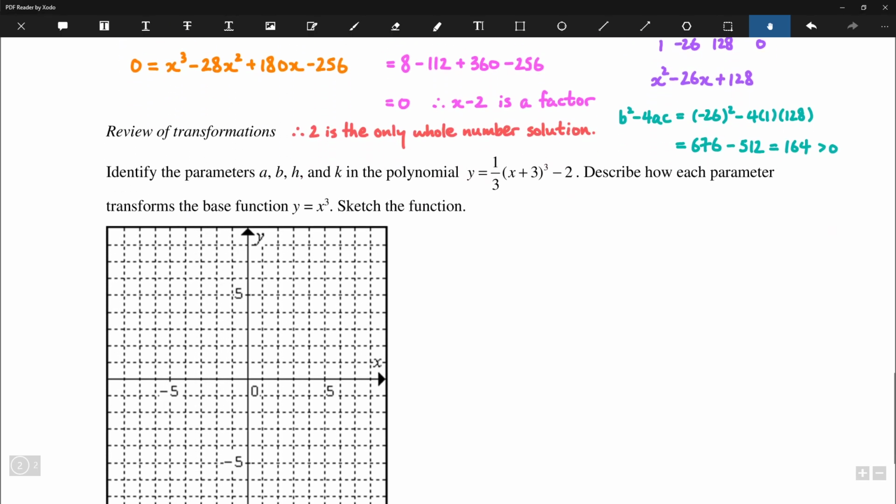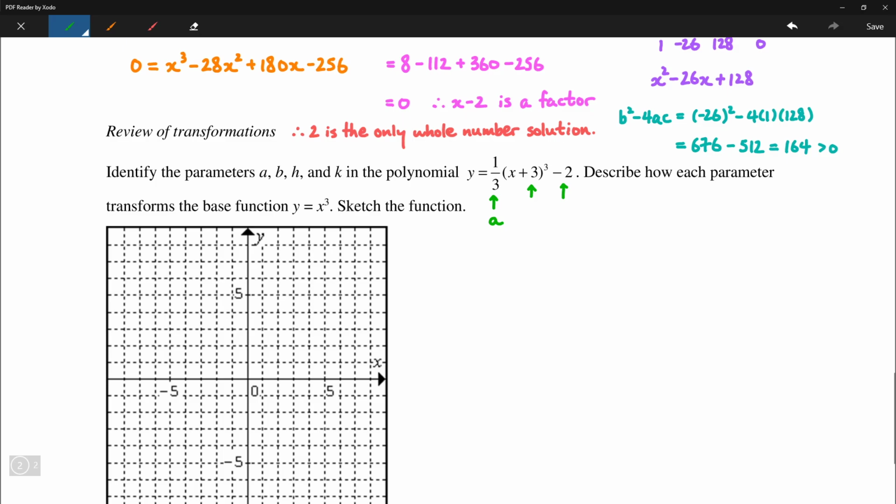So quick review of transformation, just a quick refresher here. We are looking at this function y equals 1/3 times (x plus 3) cubed minus 2. So we have here 1/3, a 3 and a 2. Of course this was the letter a, and we have x plus 3 cubed.